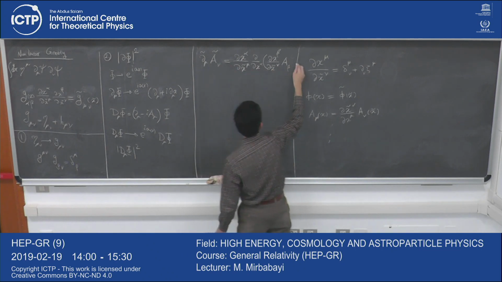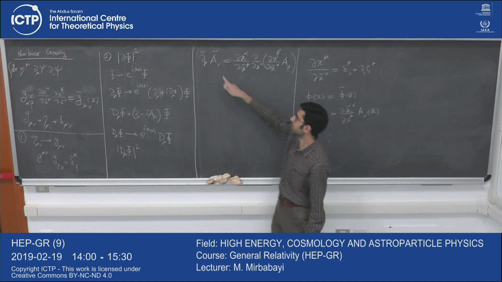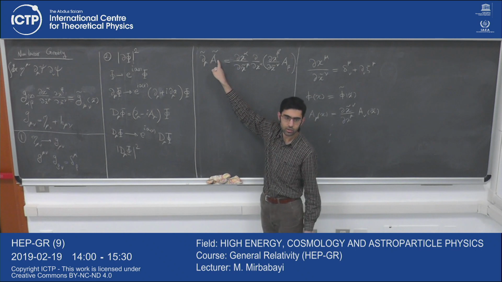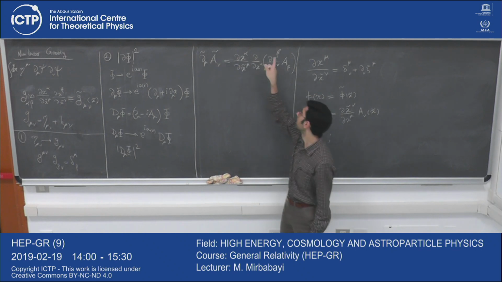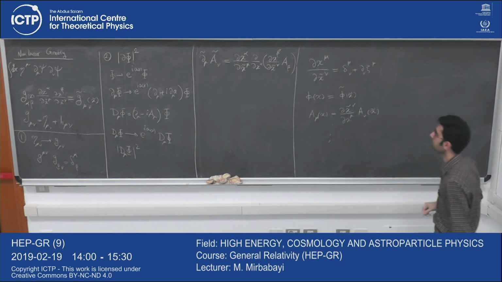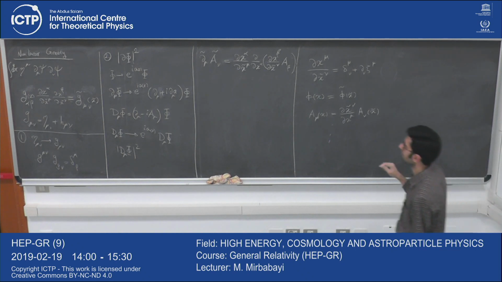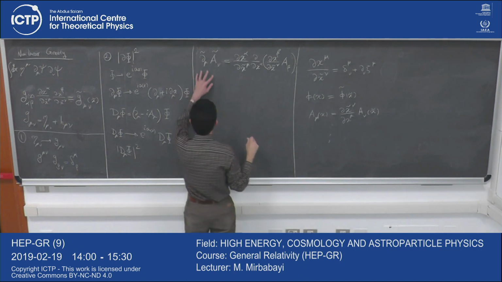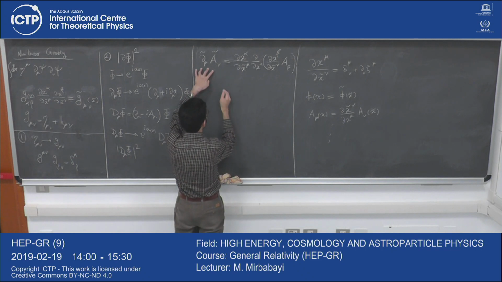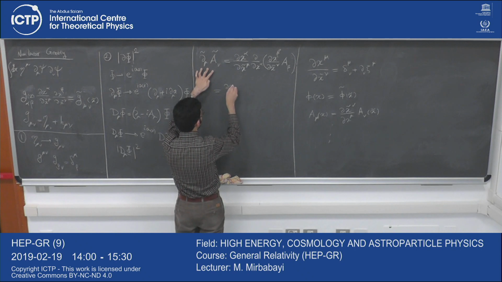I'm dropping the arguments, but you should remember here is a function of x tilde. Here is a function of x. Okay, now we see what happens. What happens is that now this object is not going to be a tensor, so there will be a piece which transforms the way we expected it to do.